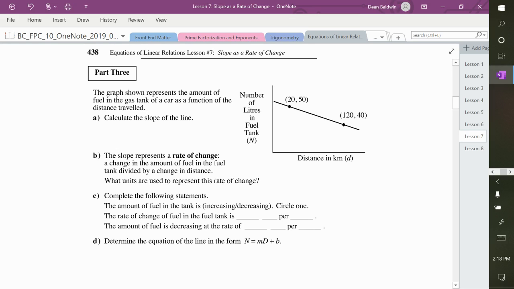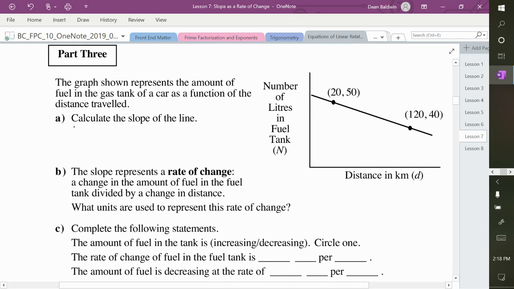All right. Can you calculate the slope of this line, please, for me? Here's your formula.